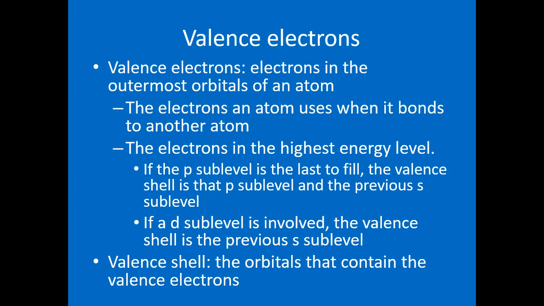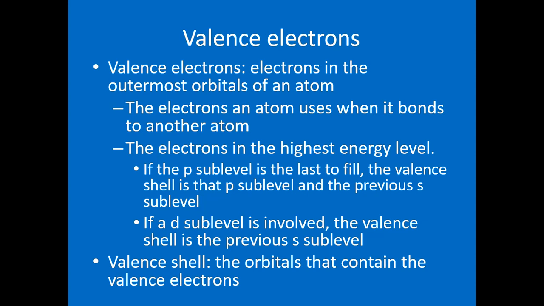It is the electrons in the highest energy level. So you look at your energy levels, and the energy level is the coefficient in your orbital diagram, like the 1s, the 2s, the 1 and the 2 would be your energy level.